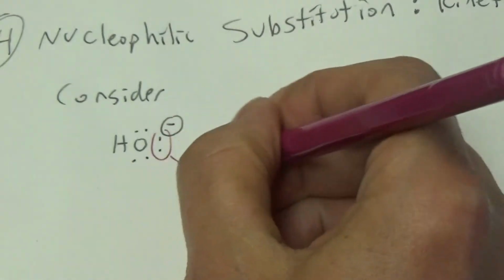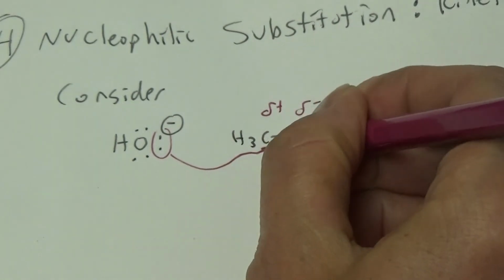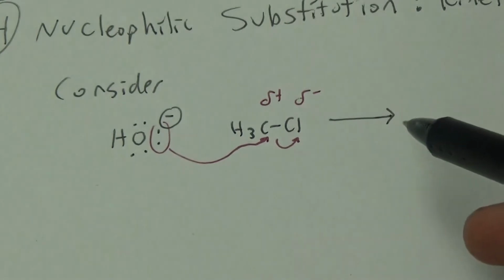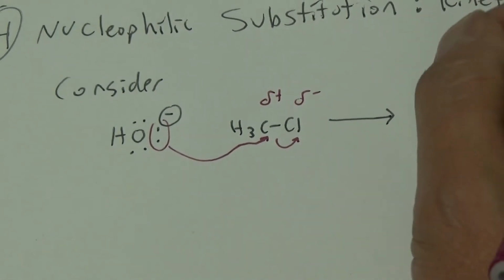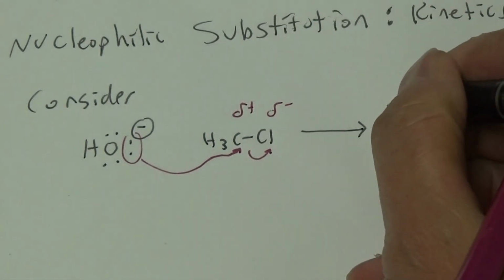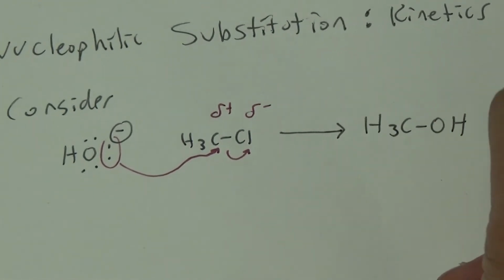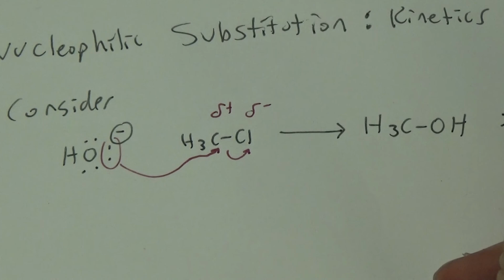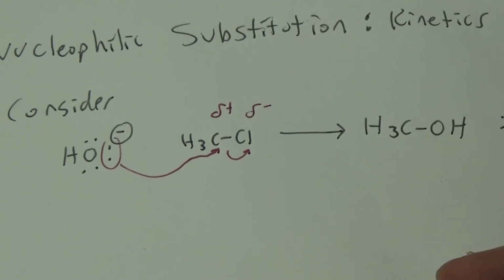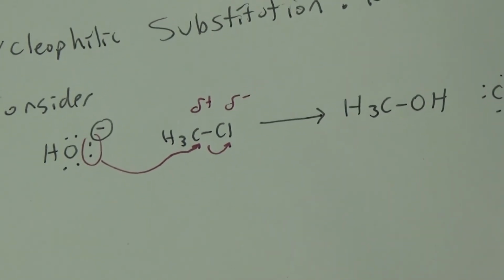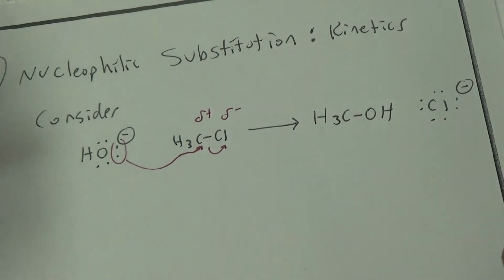OH minus attacks the carbon and kicks off the chlorine, as we've discussed about 1,000 times now. Now we make methanol and we make Cl minus. So that's a simple example of this reaction.